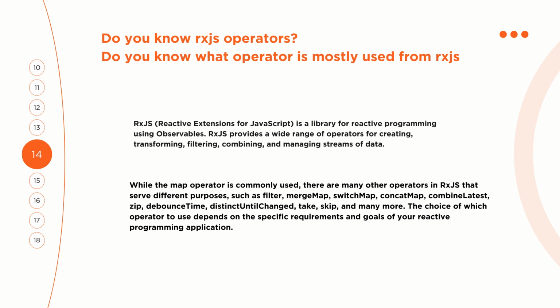Operators in the sense of subject, pipe. Pipe is also an RxJS operator. RxJS pipe is a different thing and Angular pipe is different. I mostly work with observable, subject and event emitter.